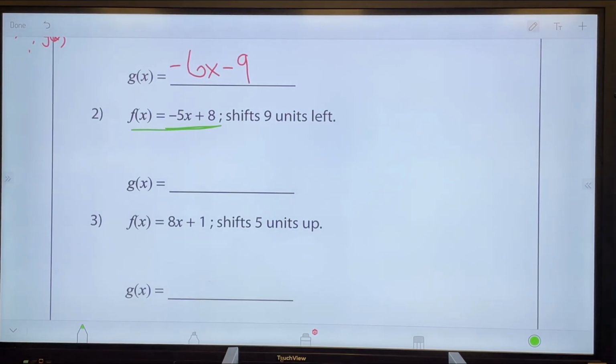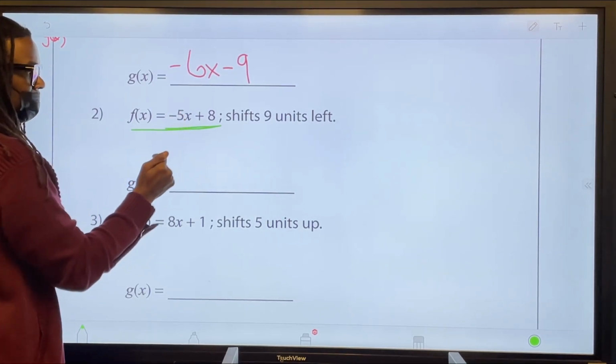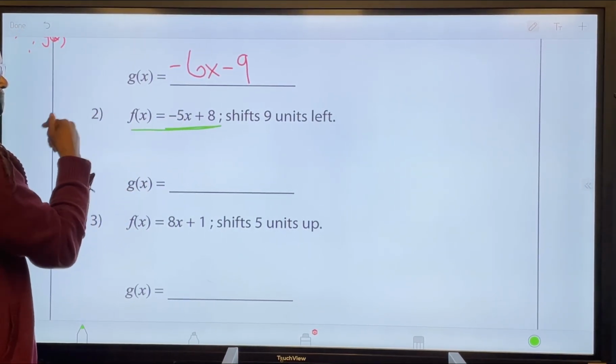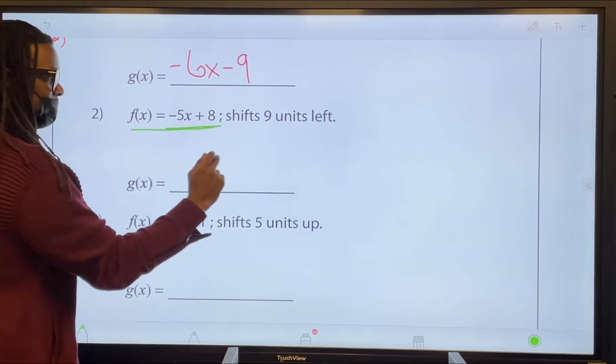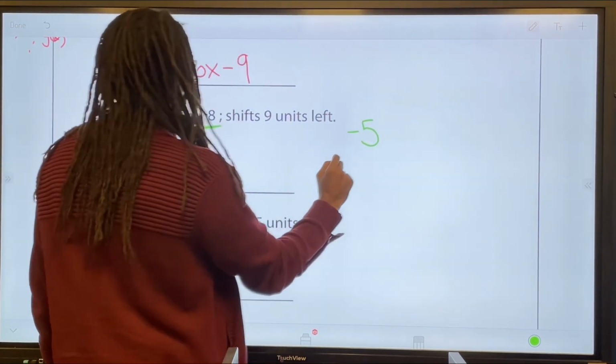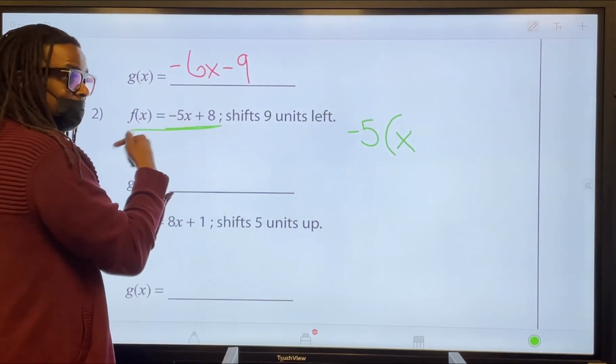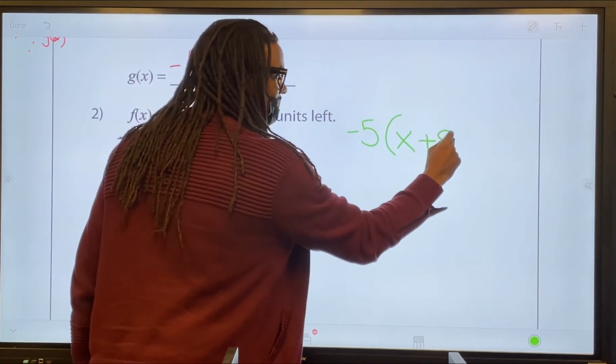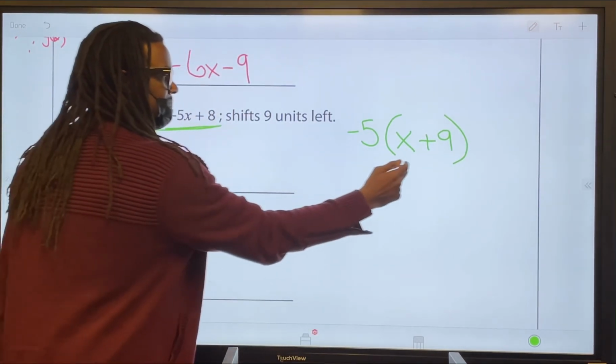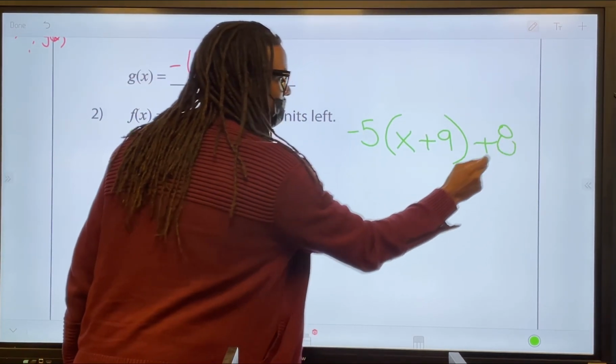If I'm shifting to the left 9 units, that means you're gonna now put +9 in place. So this becomes -5 times x plus 9, because you're going left, we had to add 9. And then on the outside, you add your +8.